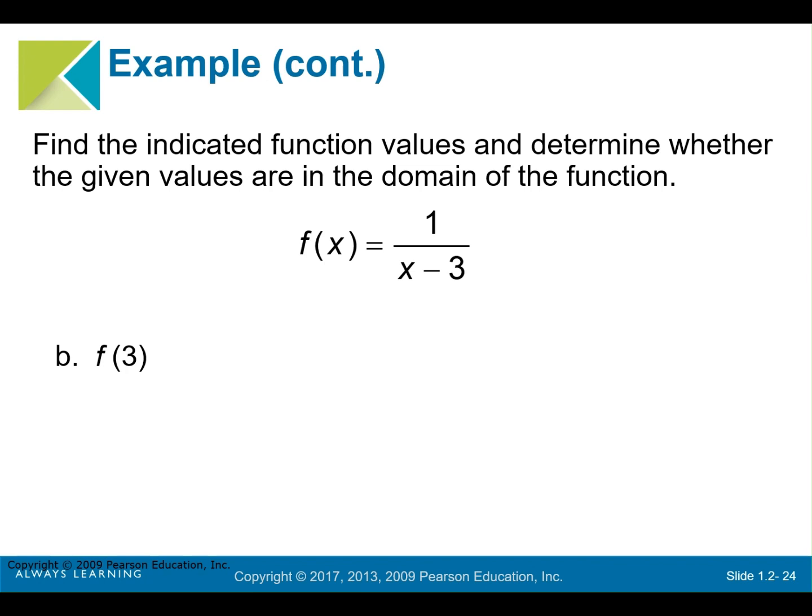And now we're going to think about f of 3. So we're going to plug in 3 for x and think about f of 3. F of 3 equals 1 over 3 minus 3. Well, that's 1 over 0, which does not exist, which means 3 is not in domain.